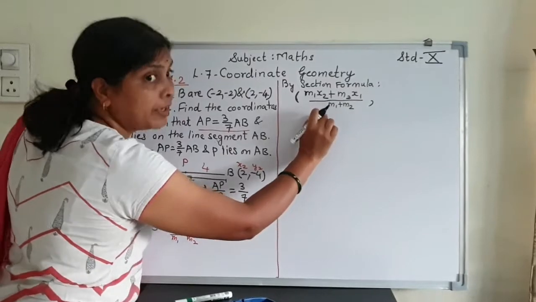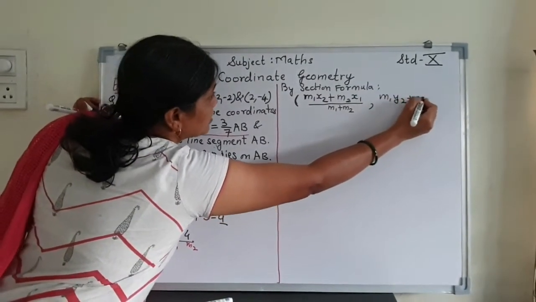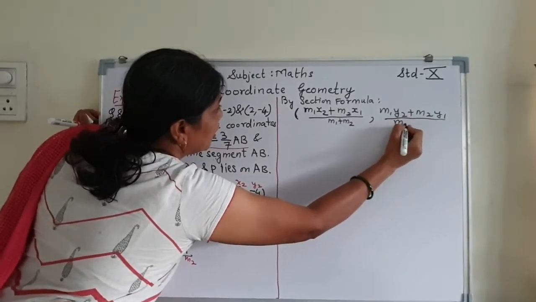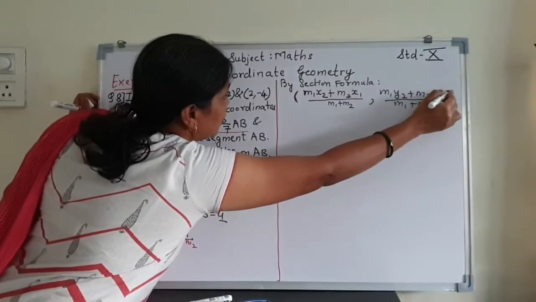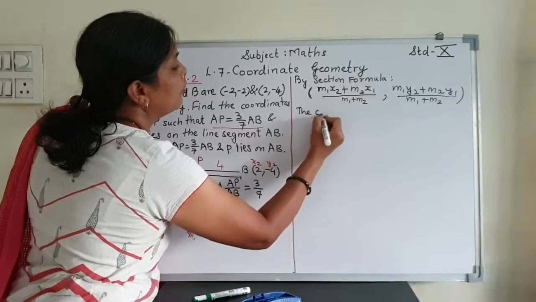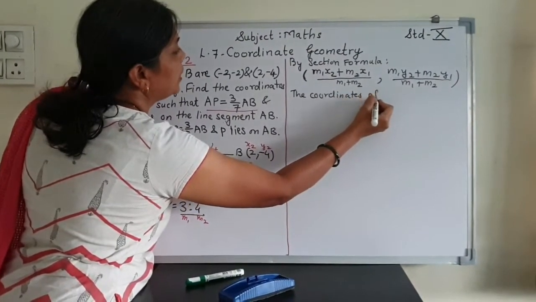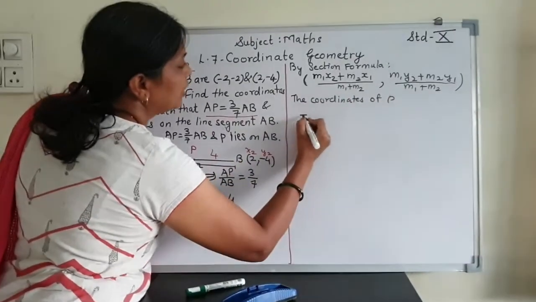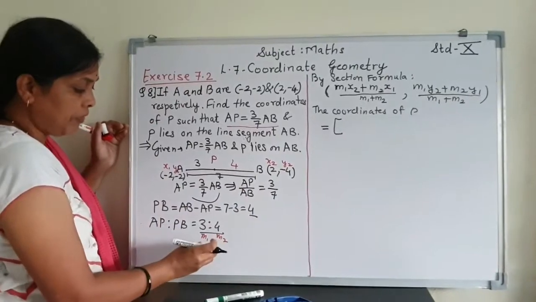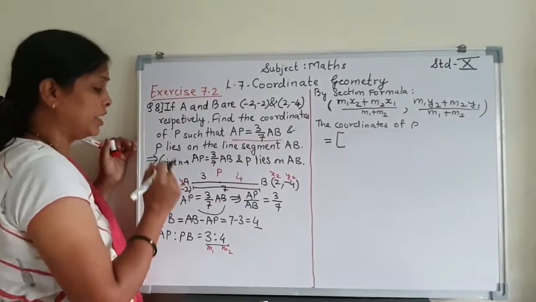This is the x coordinate, and (M1 y2 plus M2 y1) upon (M1 plus M2). This is the y coordinate. So from this, the coordinates of P are equal to, let's write, we have found M1, M2 and x1, y1, x2, y2 are given to us.